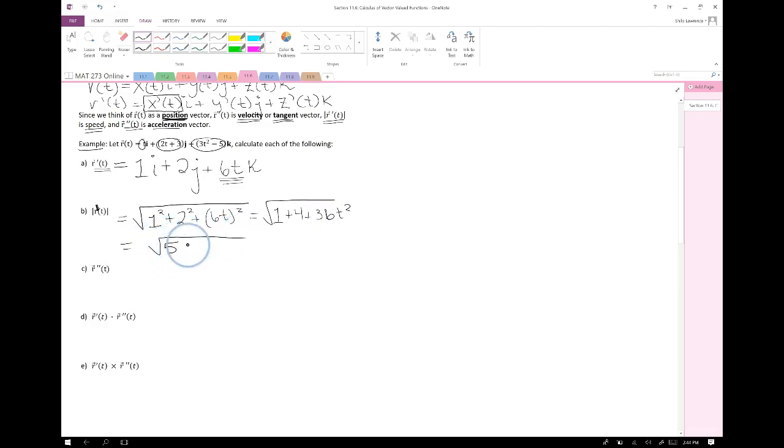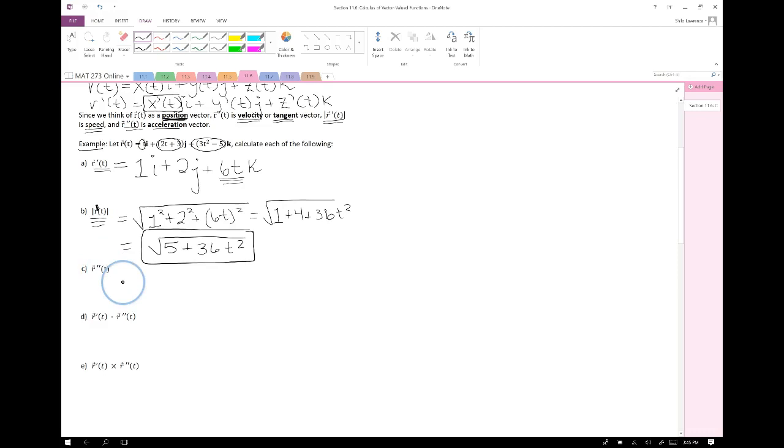So we get the square root of 5 plus 36t squared. So this function right here, it's not a vector anymore because we did magnitude. Remember, magnitude is a scalar. So this function can tell us what the speed of our particle is at any particular time t. We can plug in a time and it tells us what our speed is.